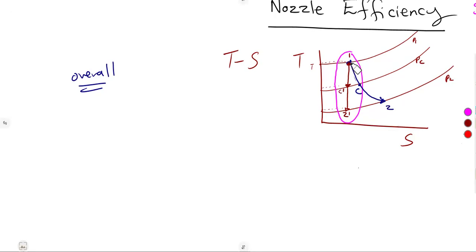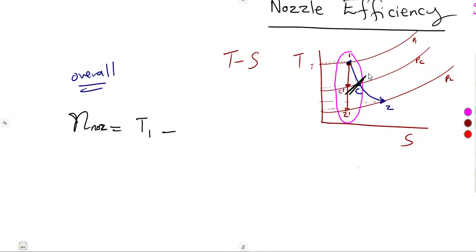It is taken from 1 now. The temperature is T2, just like what we had before. So the overall nozzle efficiency in this case, since it is taken from T1, will be T1 minus where it is ending.